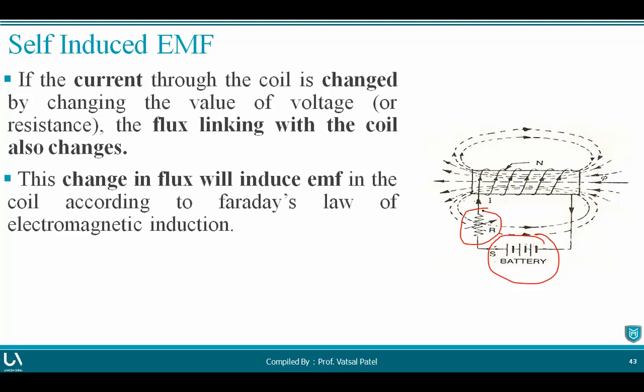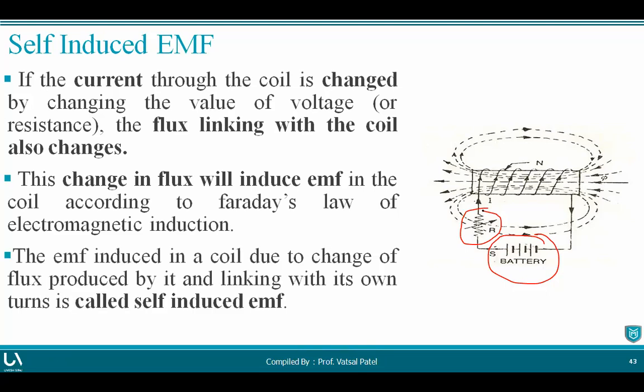When the current changes, the flux will also change, and that will induce EMF in the coil according to Faraday's law of electromagnetic induction. The EMF induced in the coil is due to the change in the flux produced by it and linking with its own number of turns. So that's why we call it the self-induced EMF.